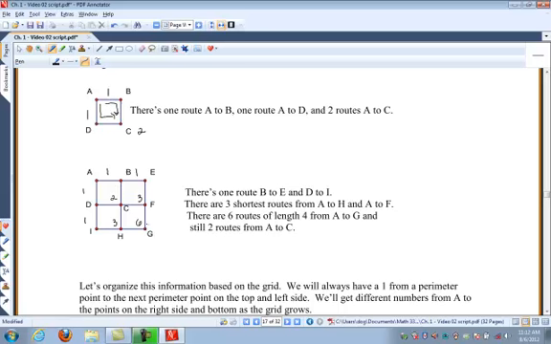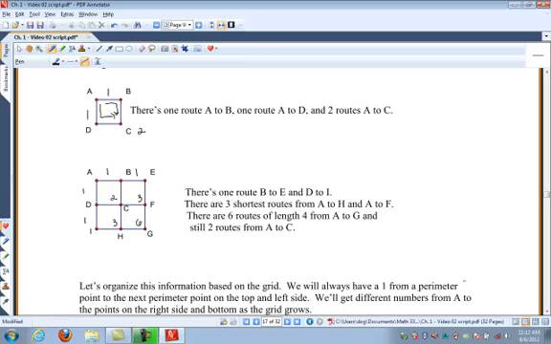See, 1, 2, 3, 4, 1, 2, 3, 4, like that. And still 2 routes from A to C. So we're tracing C. Here's 1, 2, 3 to H. So there's 3 routes of length 3.